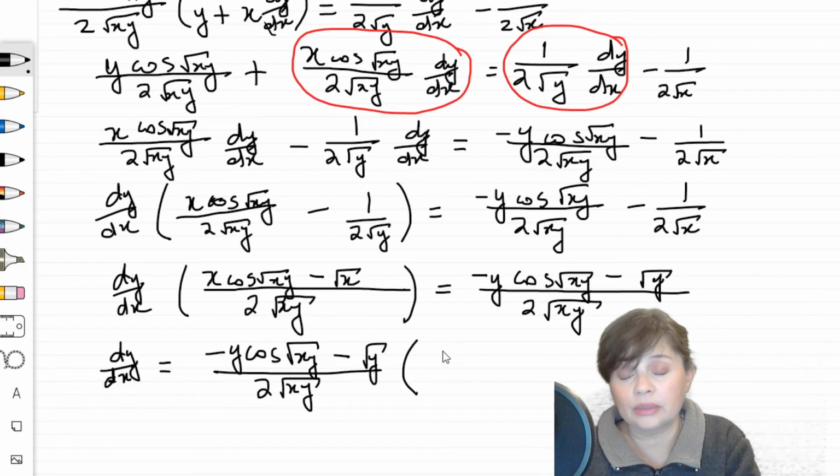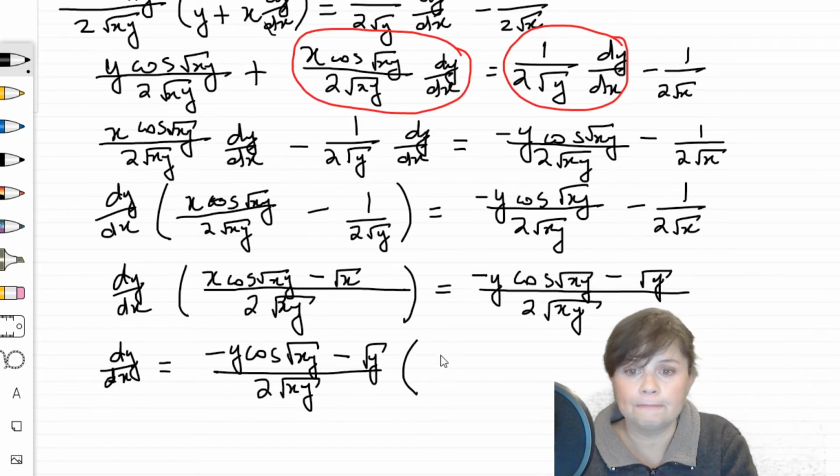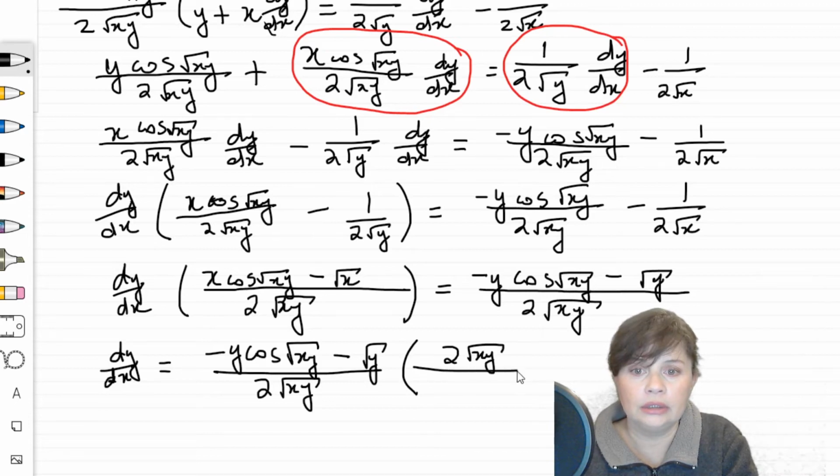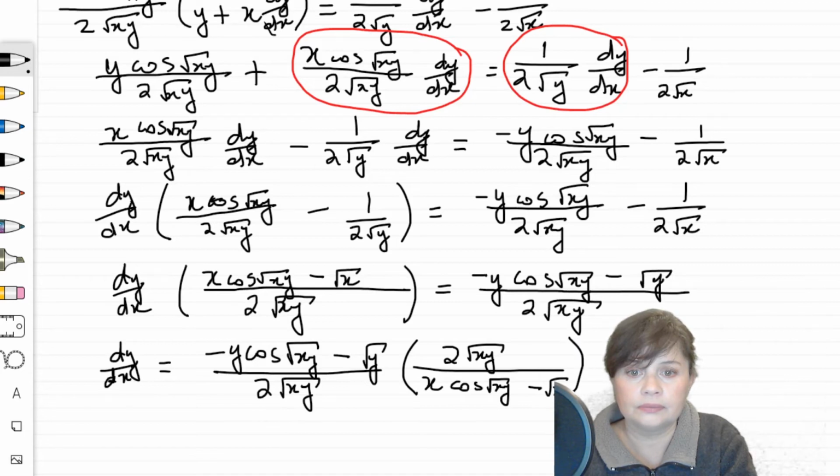So effectively multiplying by the inverse of it. So it's going to be 2 root xy over x cos square root xy minus square root x.